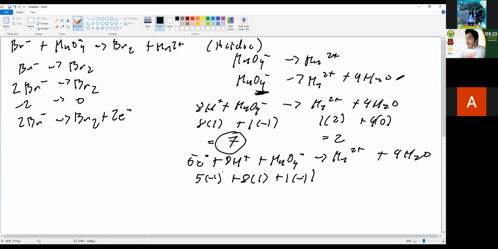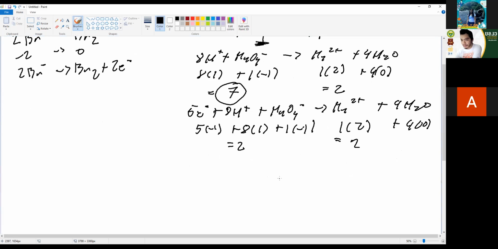So, negative 5, 8, negative 1. Negative 5 plus 8 is 3. Minus 1 is 2. Dito, 1 times 2 plus 4 times 0. So, 2 plus 0 is 2. So, pantay na. Nabalance na natin yung half reactions.